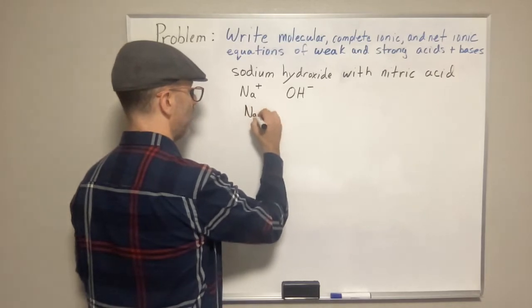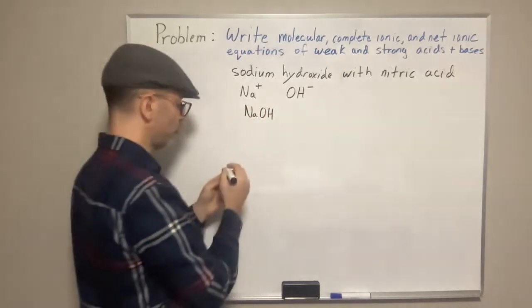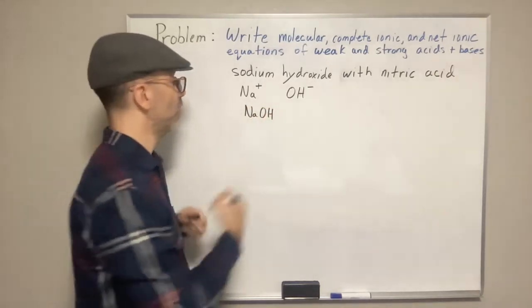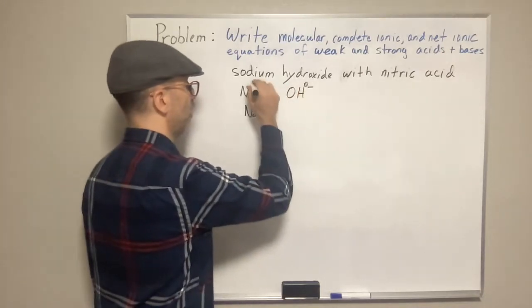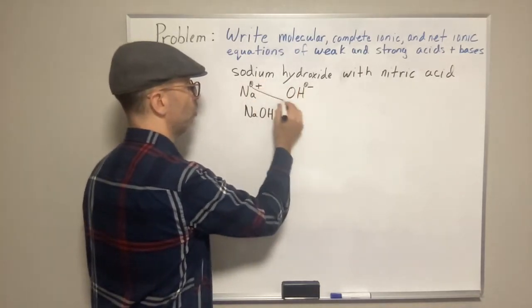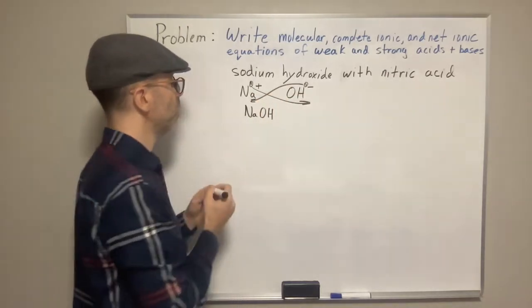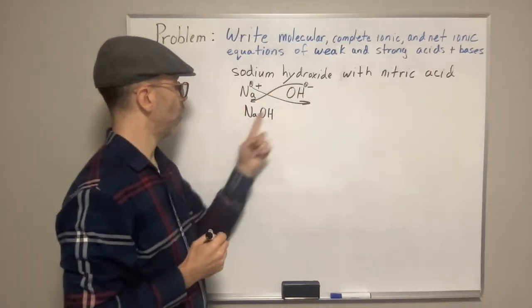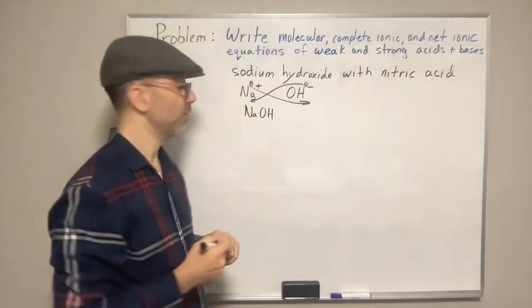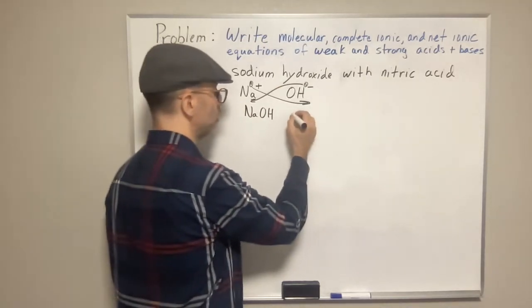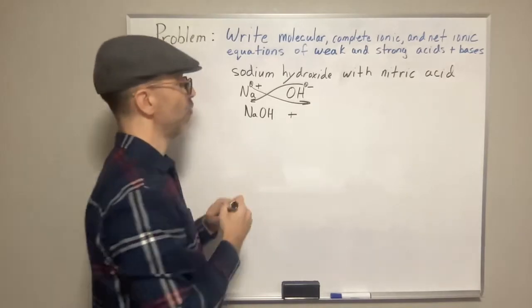So you have NaOH. You could also do the crisscross method, right? So you have a 1 here and a 1 there. This would be a 1 there, and this would be a 1 here. And so you get 1 to 1, and you get the same thing. So here we have NaOH plus, and now nitric acid.